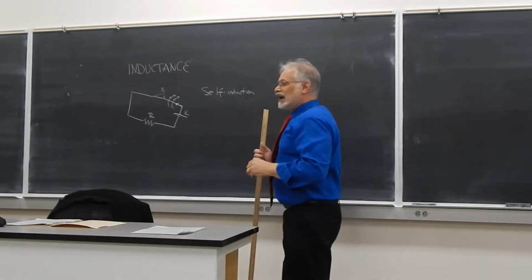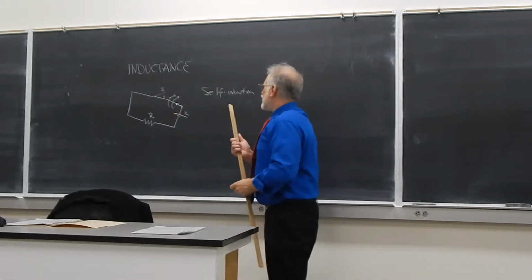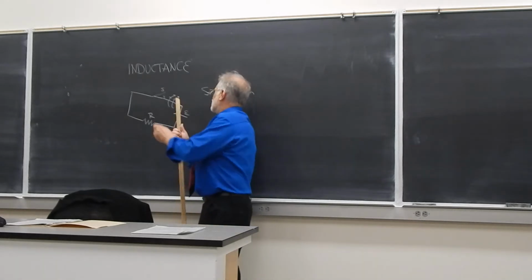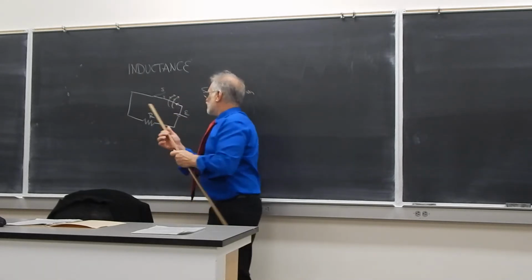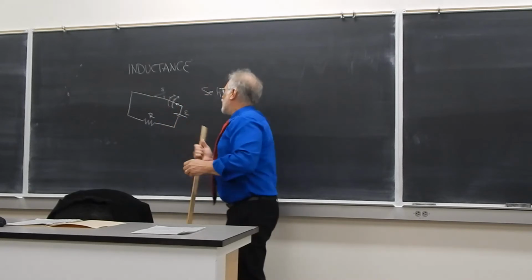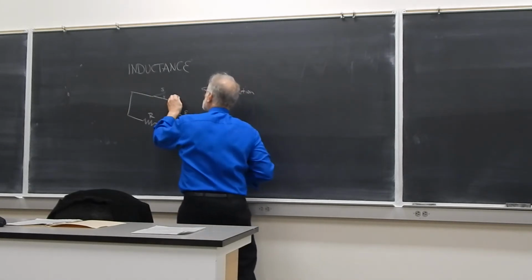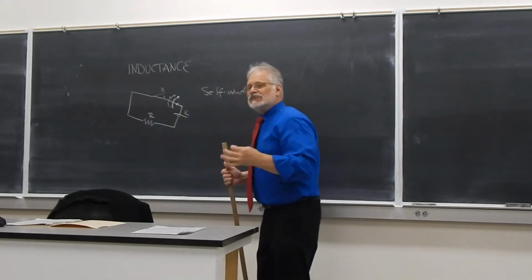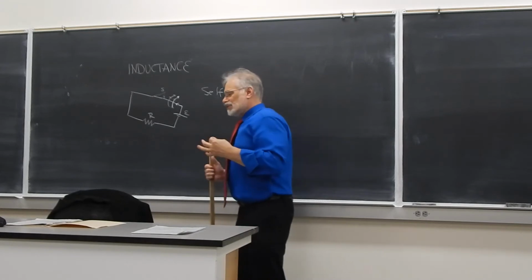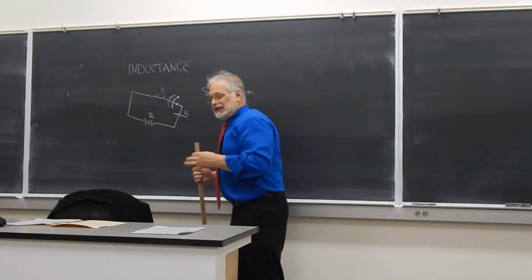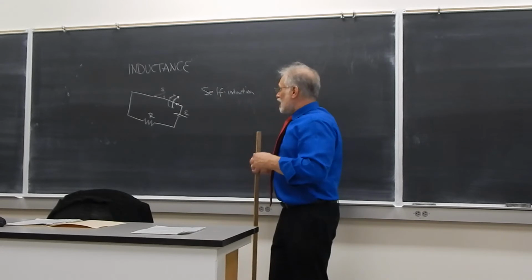However, that current is going to cause a magnetic field. As you can see, these curly lines are curling around the wire. This magnetic field, of course, indicates that we're getting a change in magnetic flux, and nature wants to oppose that change in magnetic flux by Lenz's law.